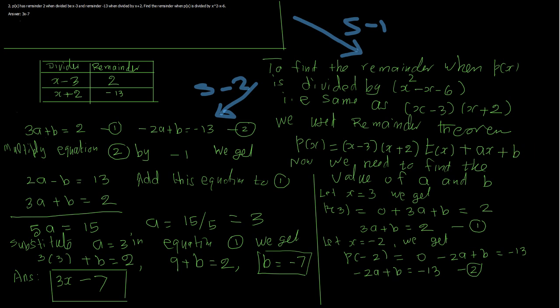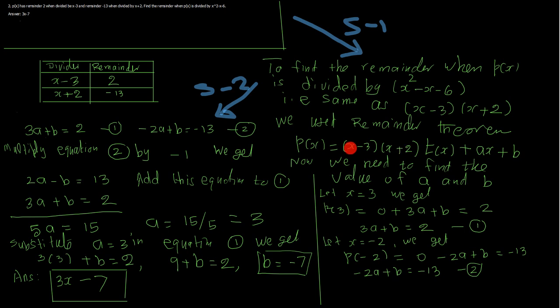So if you have a cubic, something comes here, (x minus 3)(x plus 2) times something, and here you're going to put a quadratic. You got it? So this is the key point. Now you plug in x equals 3. When you plug in x equals 3, p of 3 equals, you just plug it in here.